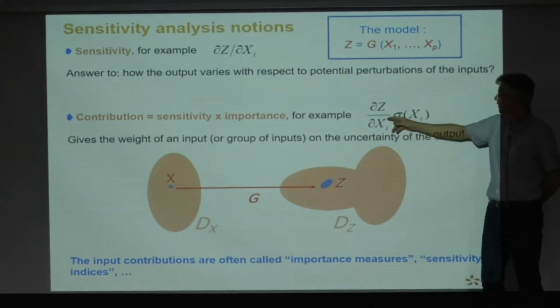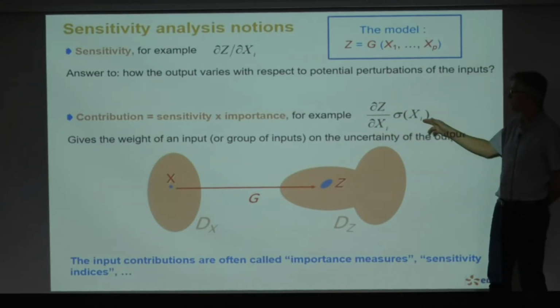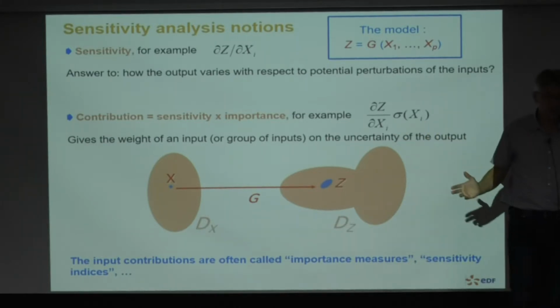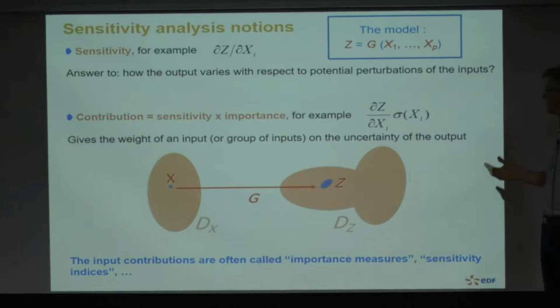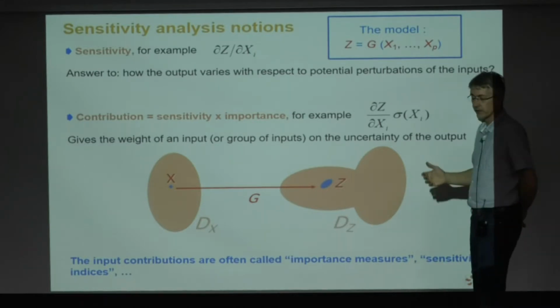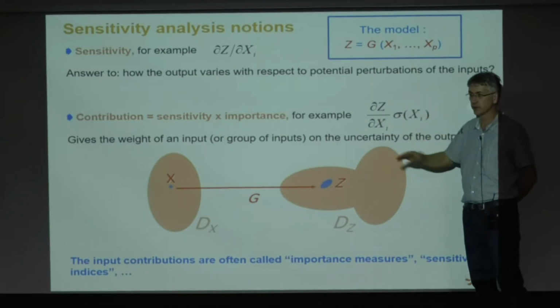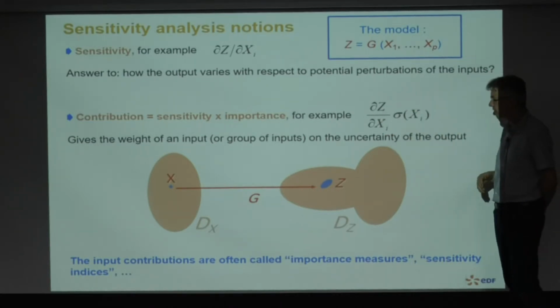for example, the derivative multiplied by the standard deviation of the input, which is here. Okay? So this can be called a contribution. The contribution, we can also call this an importance measure, and we also call this a sensitivity index. So we mix all these terms.